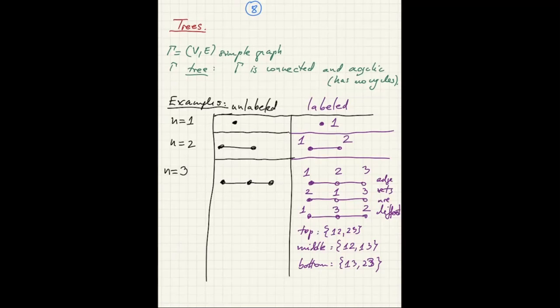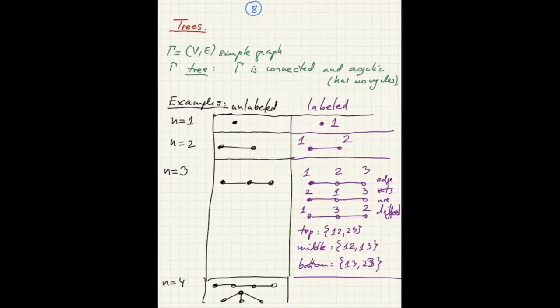Let's go to the next one, n equals 4. We won't have room here, but if we think about unlabeled trees, you can do this path, or you can also do a vertex adjacent to all the others.